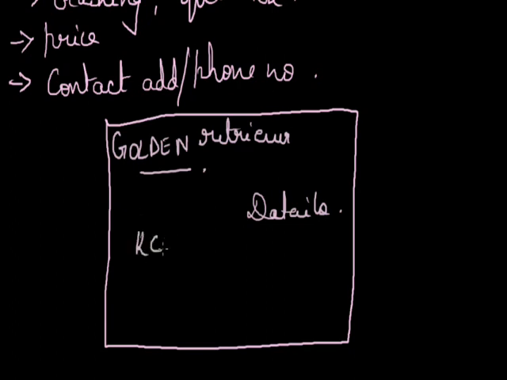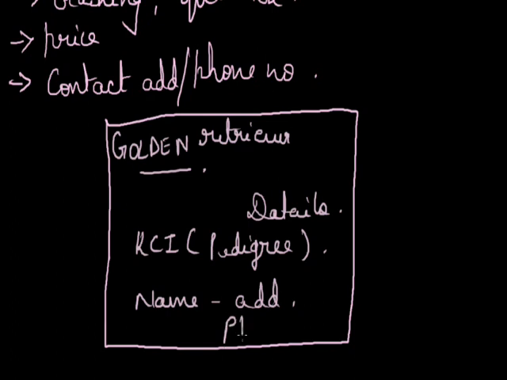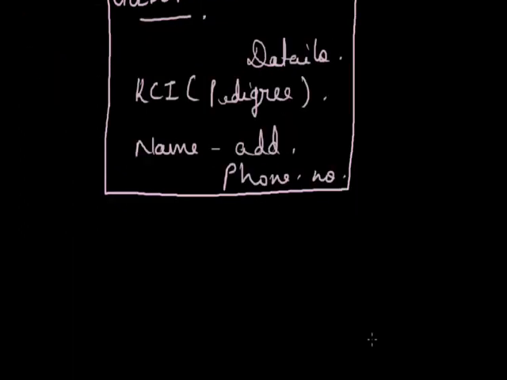KCI registered means I am telling about the pedigree. Only genuine buyers contact whom? The name you have to give, which I mentioned previously was Sushil Negi. Then you need to give the address, and then the phone number.